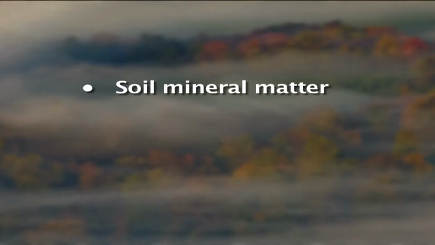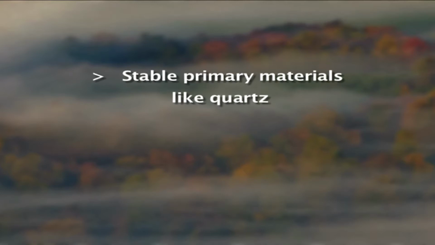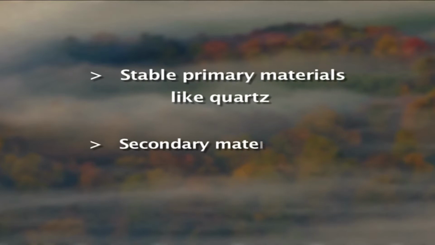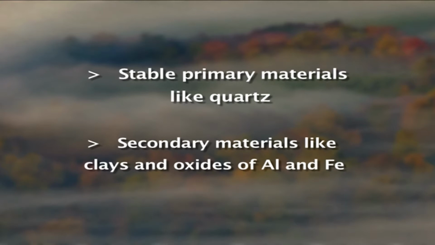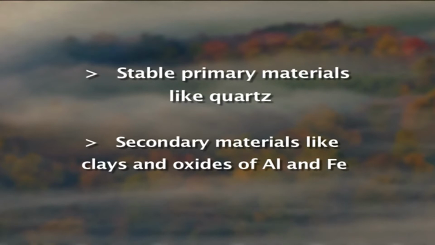The first edaphic factor is the soil mineral matter. It is derived from the weathering of rock material. These consist of two types. First, stable primary materials like quartz, and second, various secondary materials like clays and oxides of aluminum and iron.